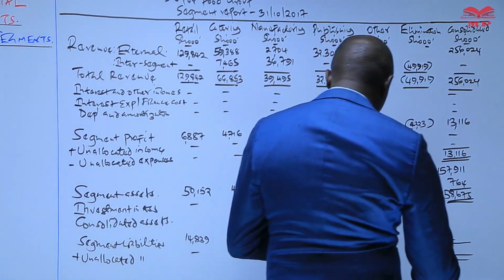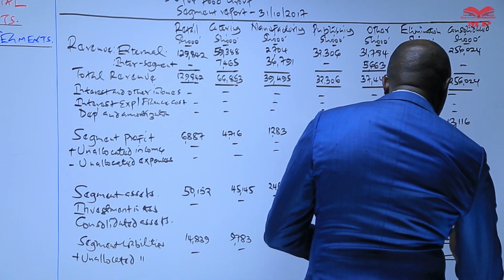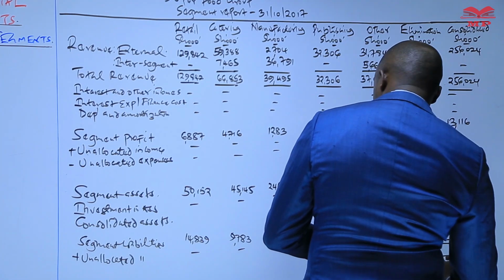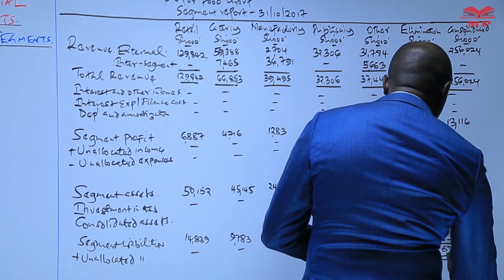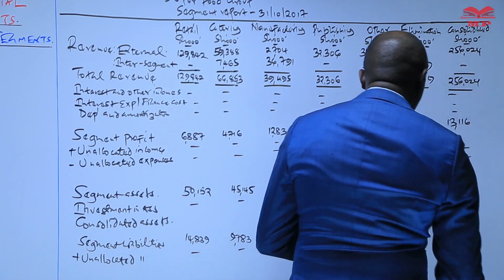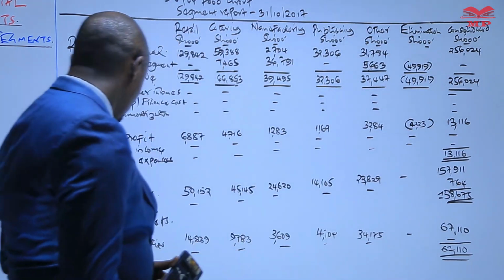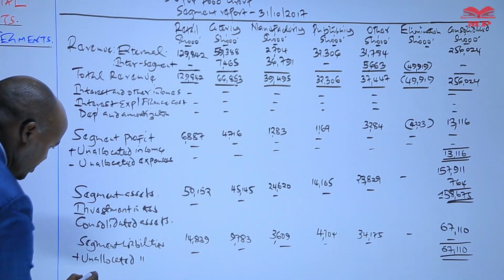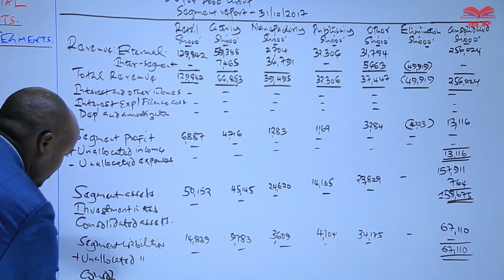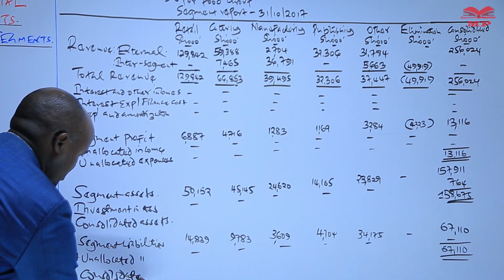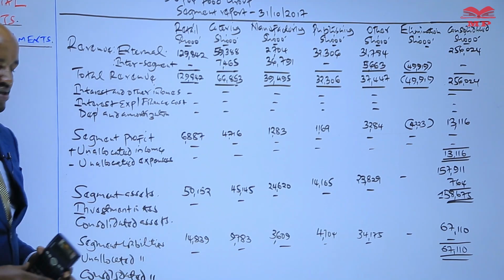Which will give us 67,110. So that means the consolidated liabilities remain the same, 67,110. So these are the consolidated liabilities.